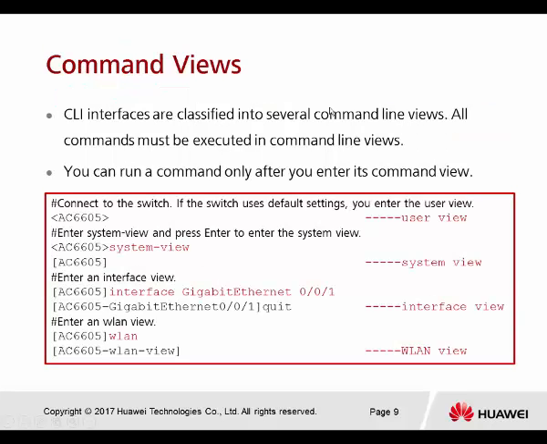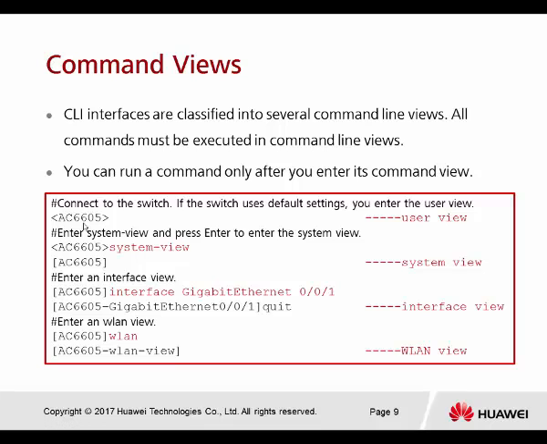And this is a command view. The Huawei command view is very user-friendly. It's easy to understand which kind of view you are currently in. They only give a few different views. The first one is the user view. You can see the angle brackets like this one. This is what you call the user view.